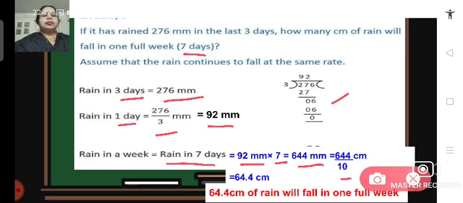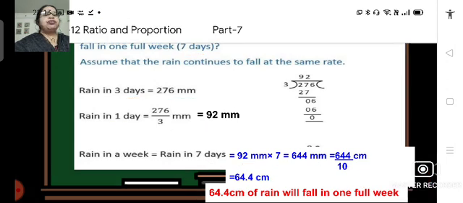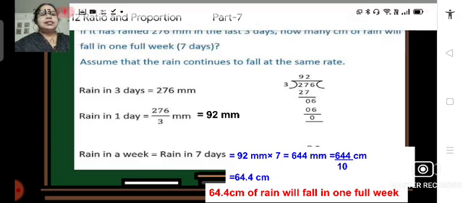Because 1 centimeter is equal to 10 millimeters. So we divide 644 by 10 and we get 64.4 centimeters as the rain in 7 days. So 64.4 centimeters of rain will fall in one full week, or in 7 days.